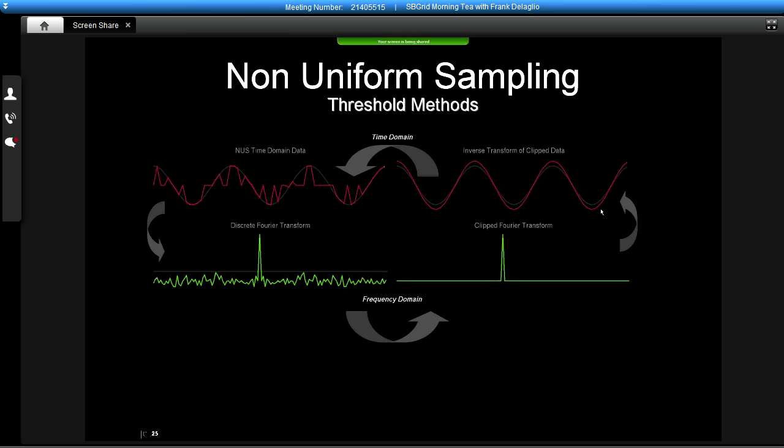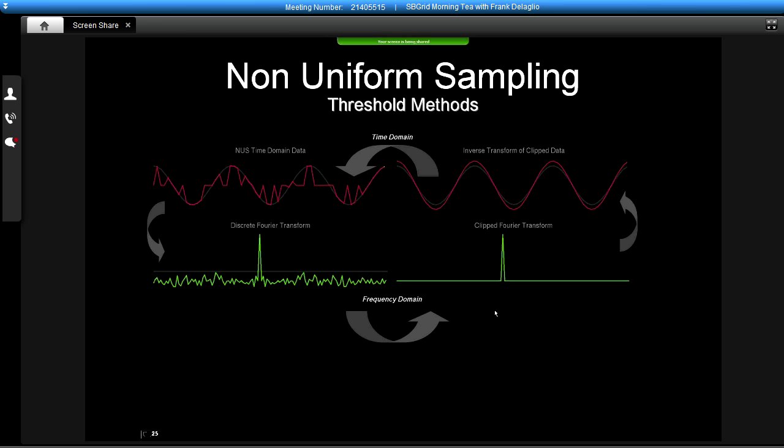In other words, it looks a lot more like a fully sampled time domain signal. And so we can use this general idea in different approaches, either to fill in the missing spaces in the time domain data, or to somehow iteratively build up a spectrum directly.